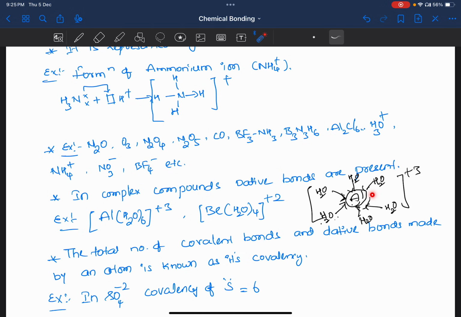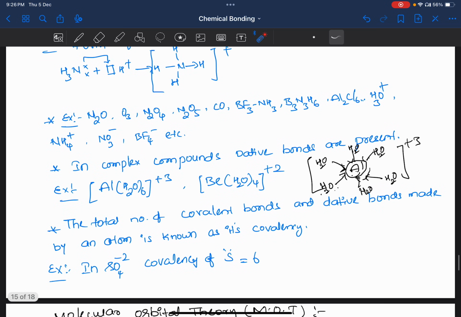Totally six, either dative bonds or covalent bonds. So in this complex compound, the covalency of aluminum is 6, because around aluminum, 6 coordinate covalent bonds are observed. The number of coordinate covalent bonds or covalent bonds of an atom is known as its covalency.